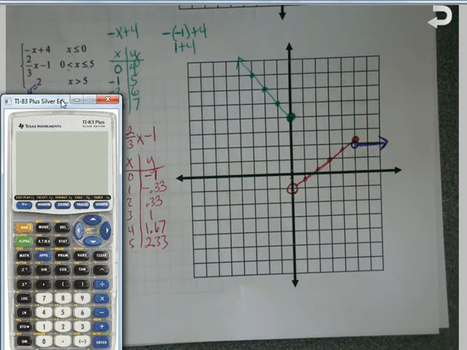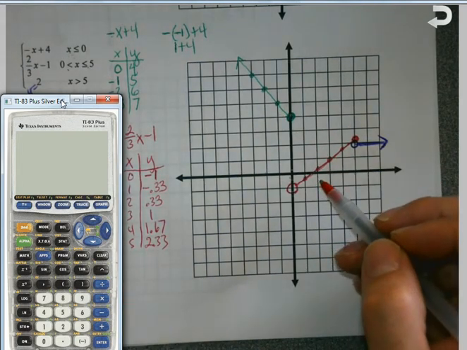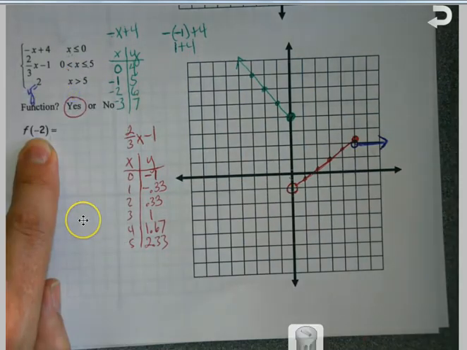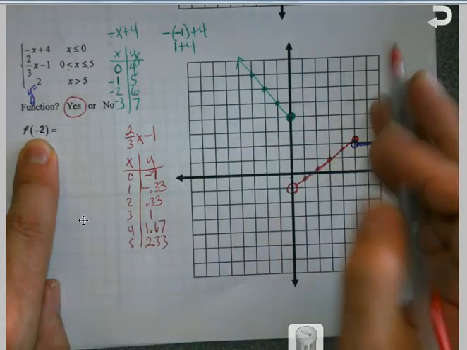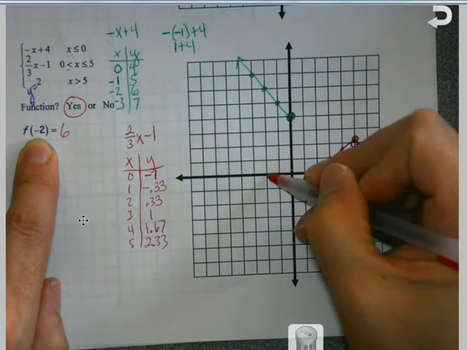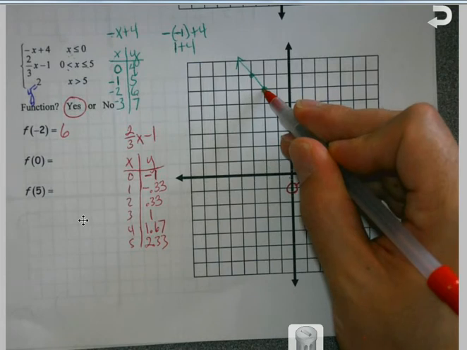And the nice thing about this is now, with everything, and basically I have points for every single spot, f of -2, I can either look in my chart and see that it's 6, or I could just go to -2 on my graph, 1, 2, 3, 4, 5, go to it there.